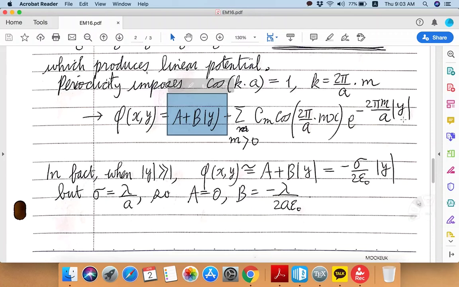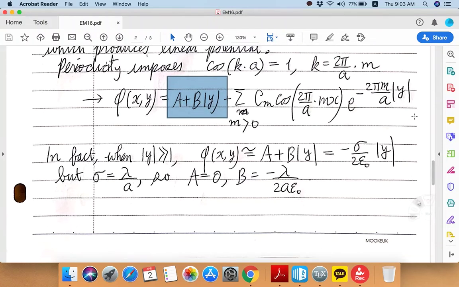I said that the potential should fall off exponentially as you move away from the array of wires. But this one is not really exponentially falling. It's actually a linearly growing potential. So why do we have to keep this thing?